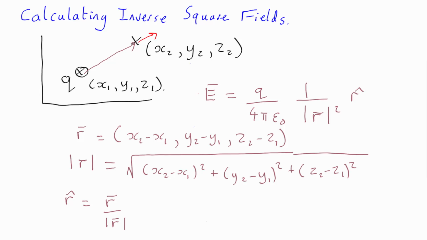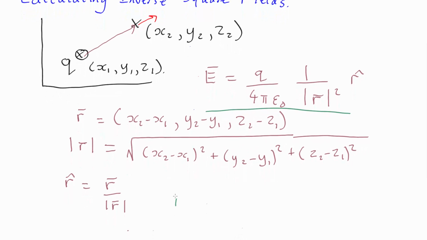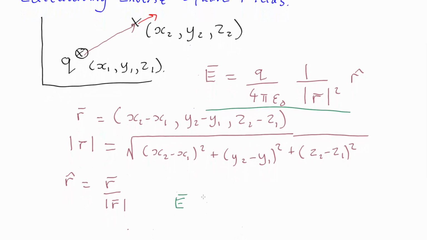So what that tells us is we now know mod r, we know r, and we can rewrite this equation as E, electric vector, equals constant Q over 4 pi epsilon naught, 1 over r cubed, r vector, not r hat.